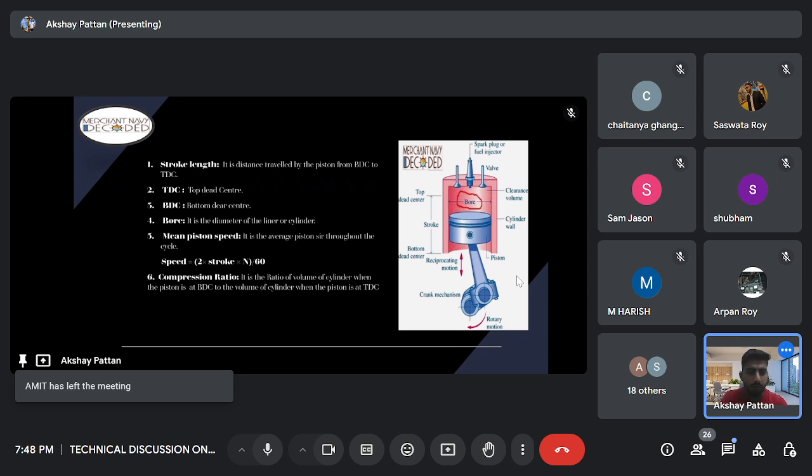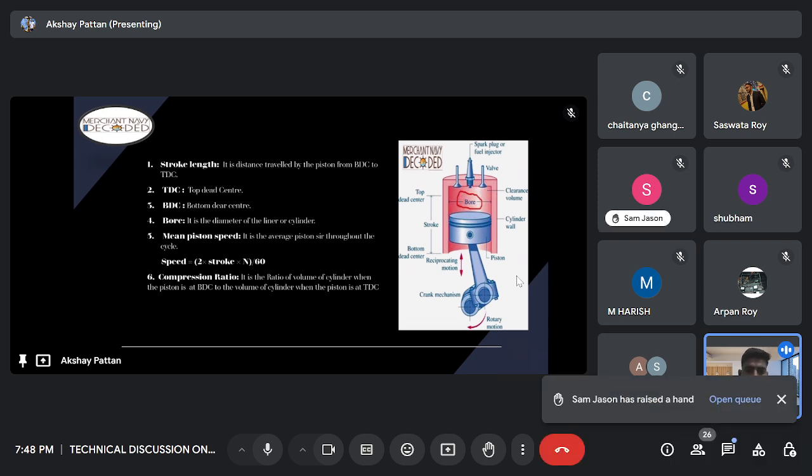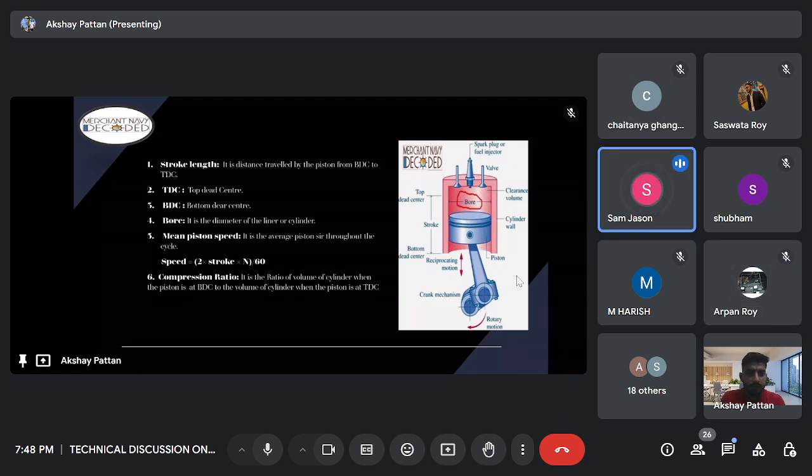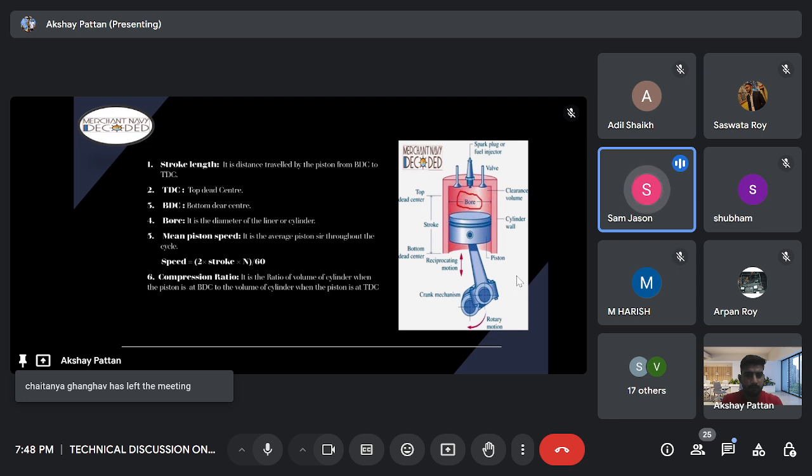That ratio is known as compression ratio. Is there any doubt about this? No, sir. Sir, when the piston is at bottom dead center, it will be the total volume of the cylinder, right?